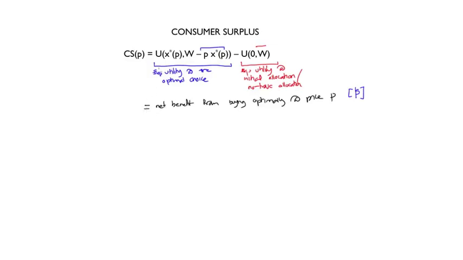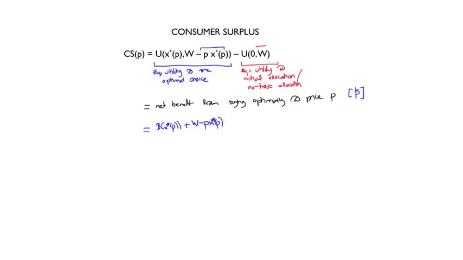So let's go from here and substitute the functional form of the utility function. This is going to be equal to B of X star of P plus W minus P X star of P. This is just the first term.